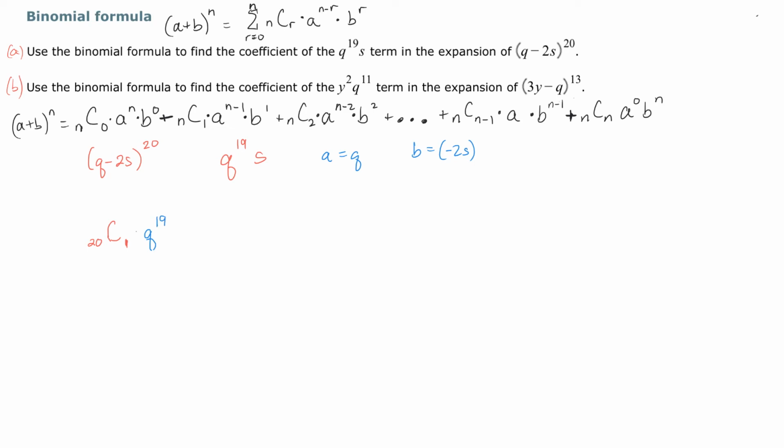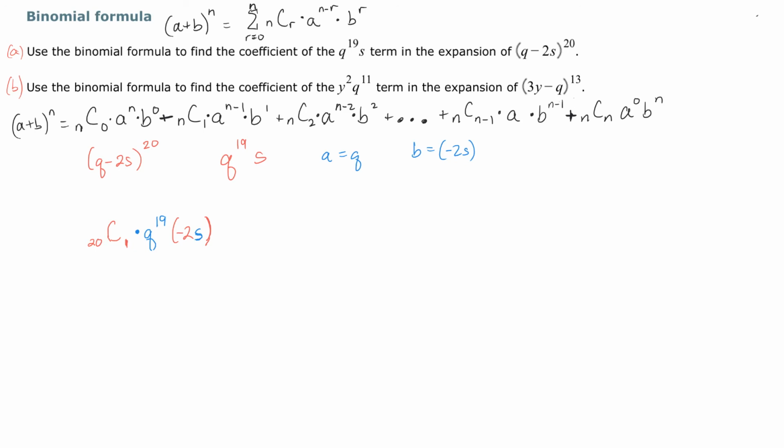And then, what about our s? B here is negative 2 times s, raised to the first power, which is correct. We got it.